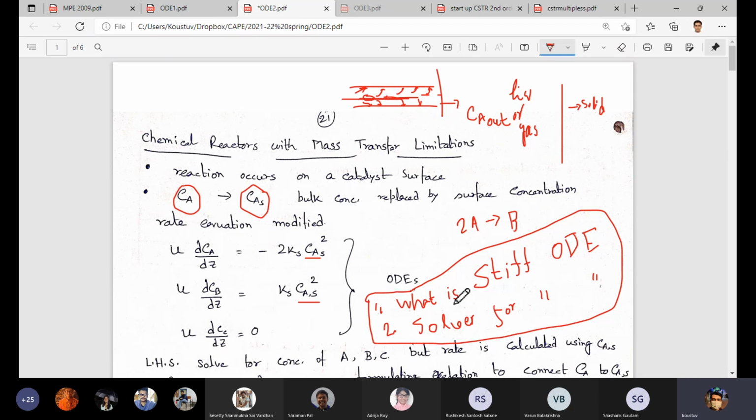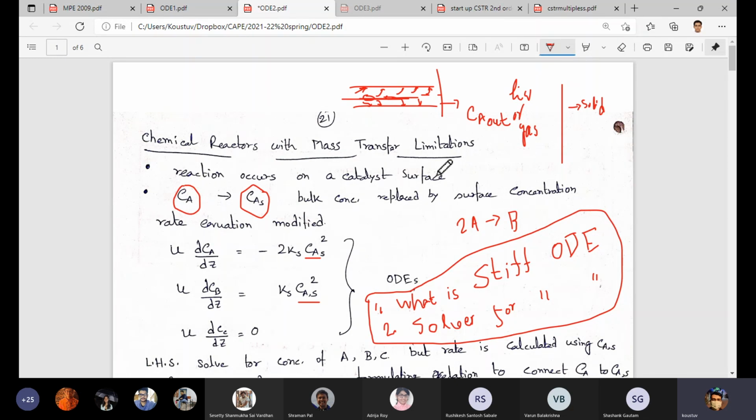These two questions you just try to go through and have some prior information available with you, so that we can discuss better in the next class, because the next class will be mainly devoted to stiff ODE applications and the implications or physical understanding that we can get from these equations, or by just looking at the nature of the equations, whether we can say what kind of solver we have to use. For example, sometimes we get several ODEs with nonlinear features, we often just plug in ODE45, but we run into problems.